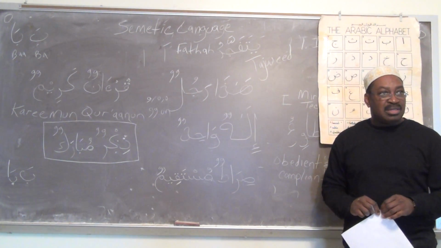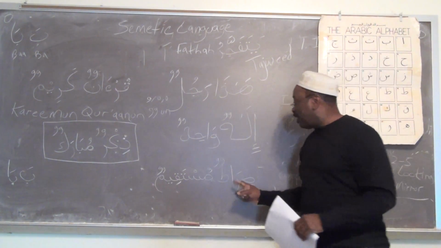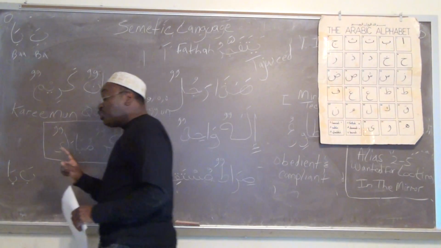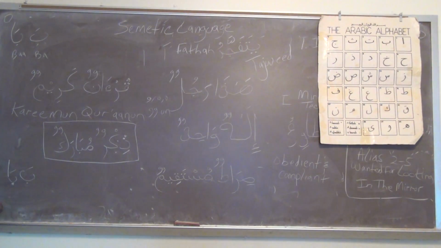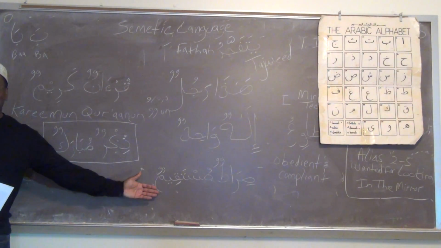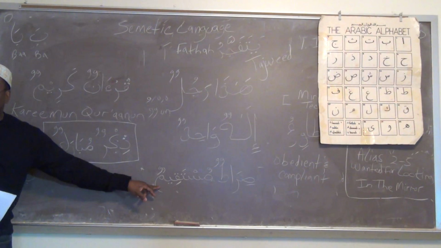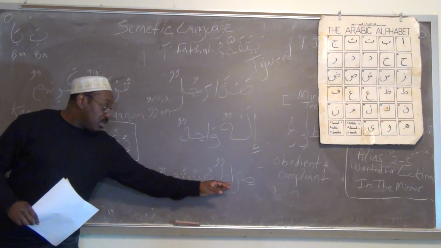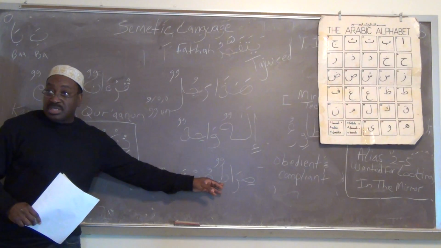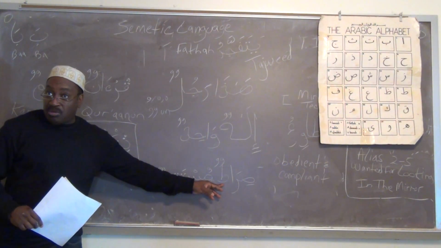Sirat is the path, the way. The reason you know that is because the adjective comes after the noun, right? So this Mustaqim is the adjective. Therefore, Siratun right here is the noun.